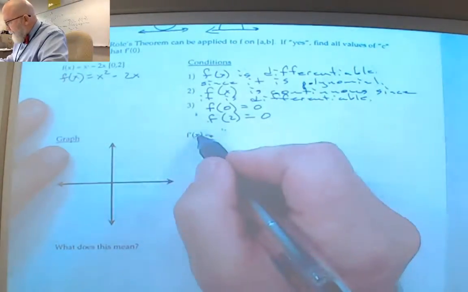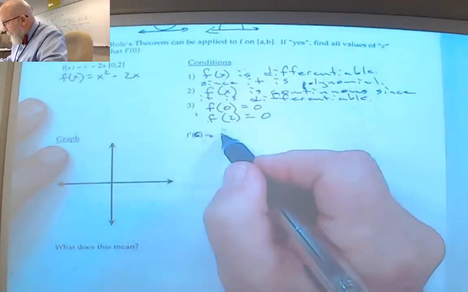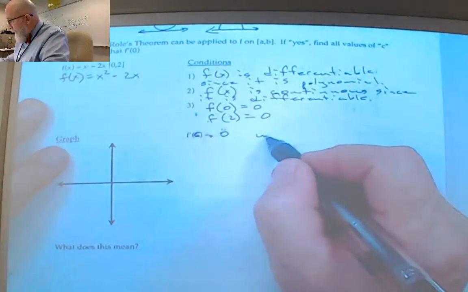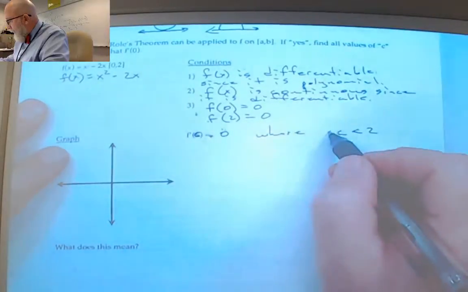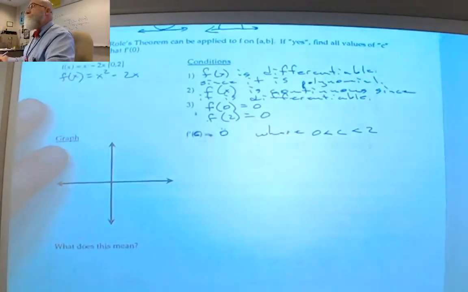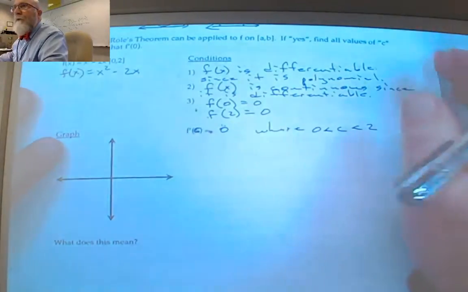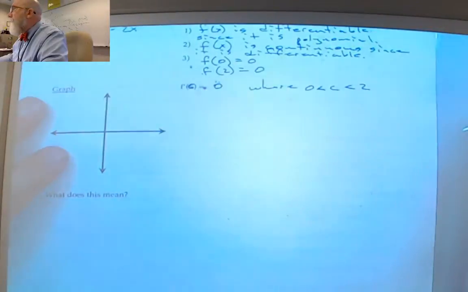Therefore, there should be f prime of c equals 0, where c is between 2 and 0. Can I figure out what that c is? I hope so. Can anybody tell me how to figure out what that c is?